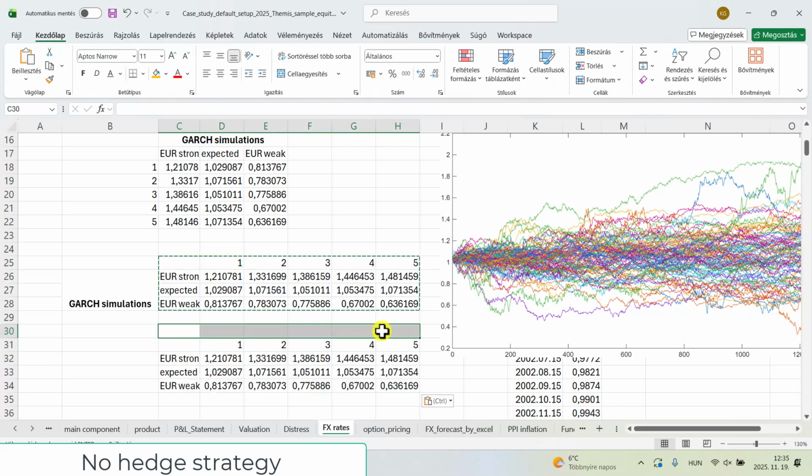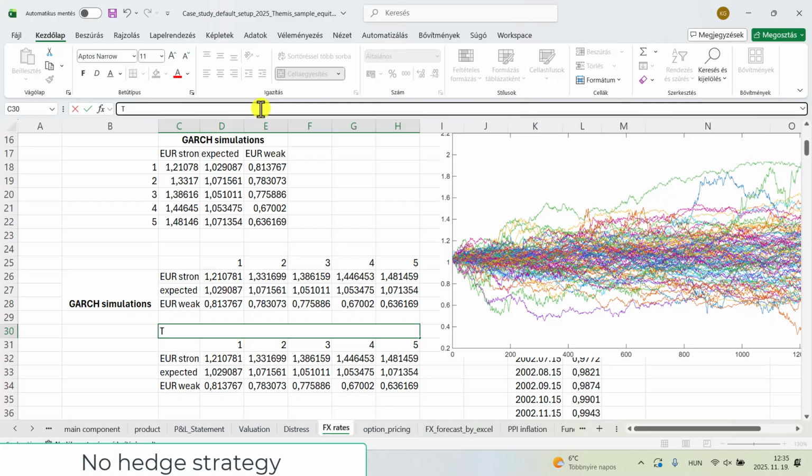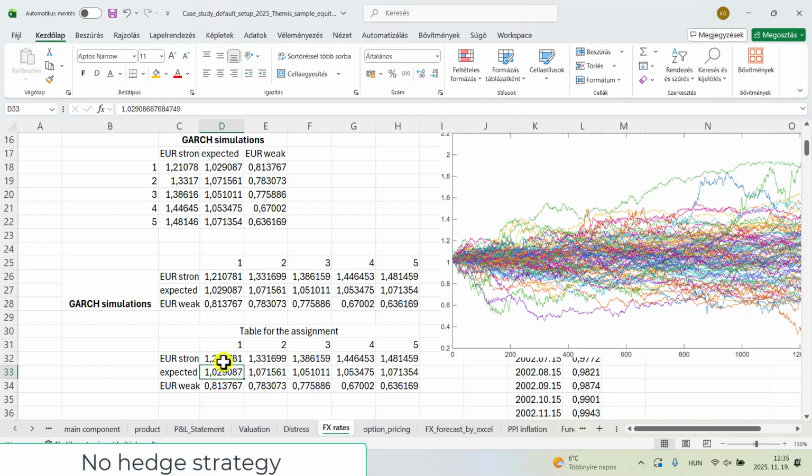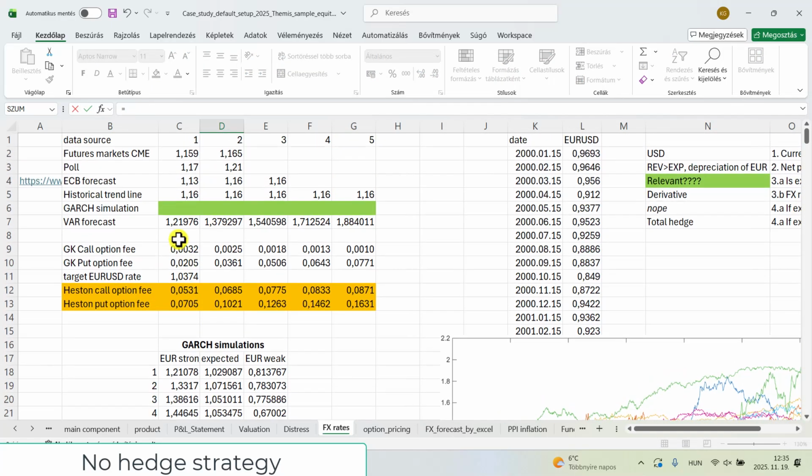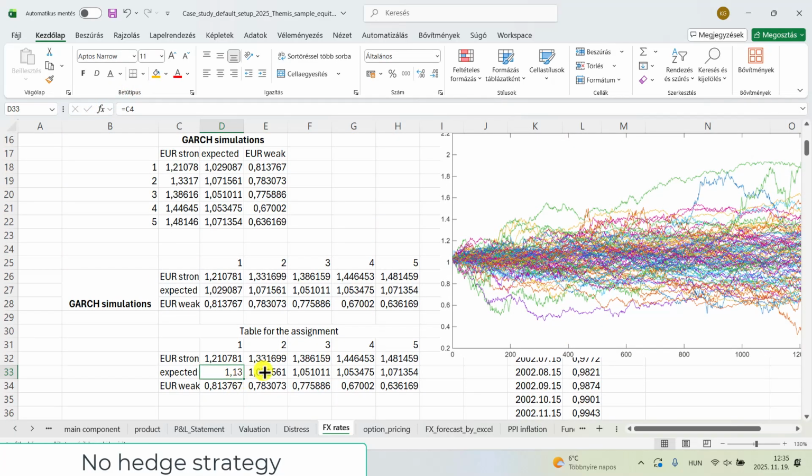And then I'm writing here that this is the table for the assignment. So in this case, I'm switching from simulations to ECB's wisdom.